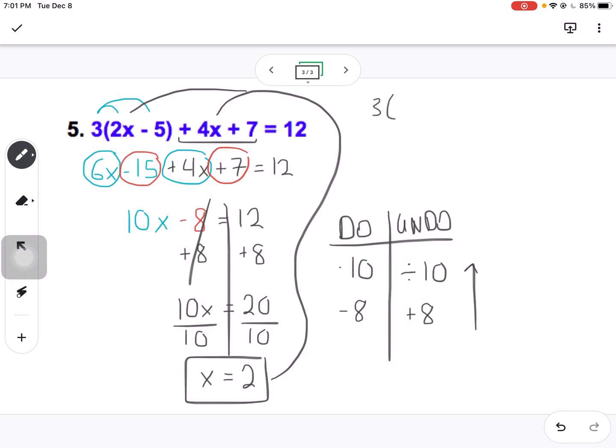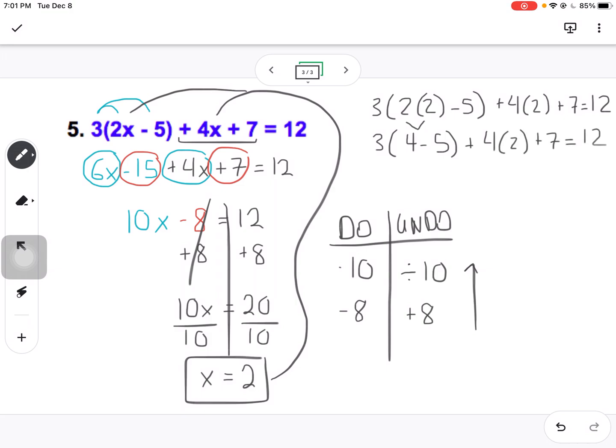Actually, let's do that just to show you. Instead of x, I'm going to put 2. So I have 2 times 2, which is 4. Four minus 1 is -1. 3 times -1 is -3.